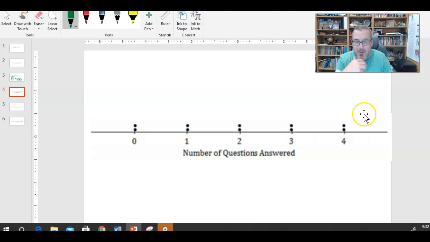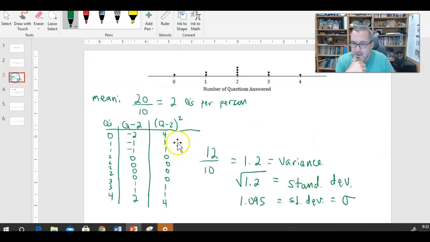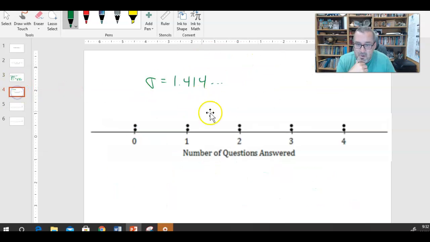More spread out. You only have 2 people right at the mean, and we have some people on either side. But do you see what I mean? That it's more spread out around that mean. And in fact, yes, the standard deviation here was about 1.414. So compared to 1.095, more clustered around the mean, this one is more spread out.